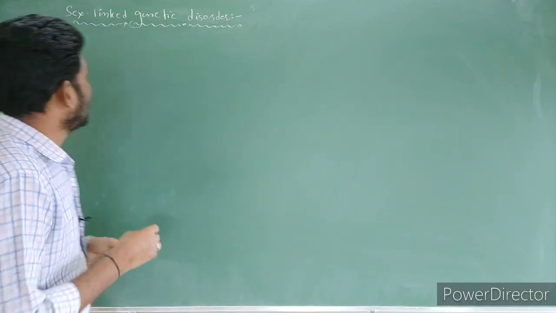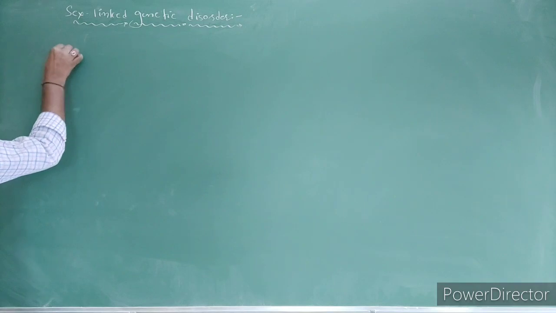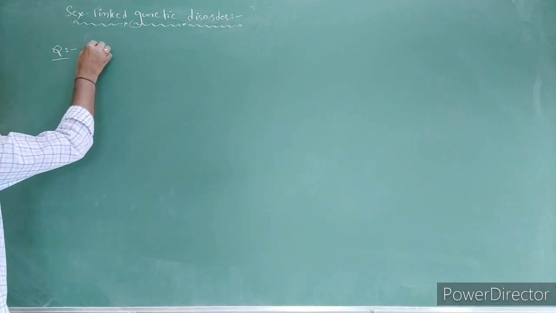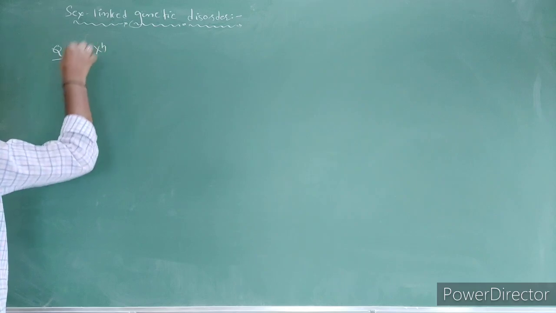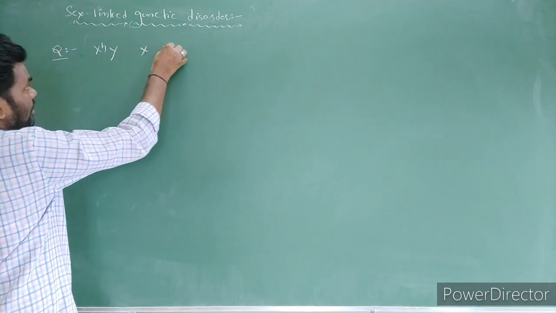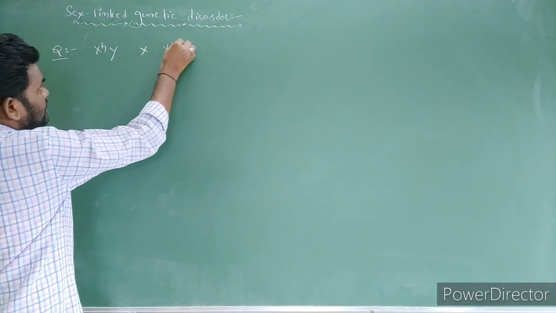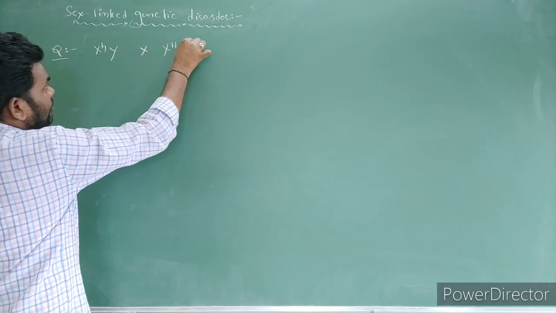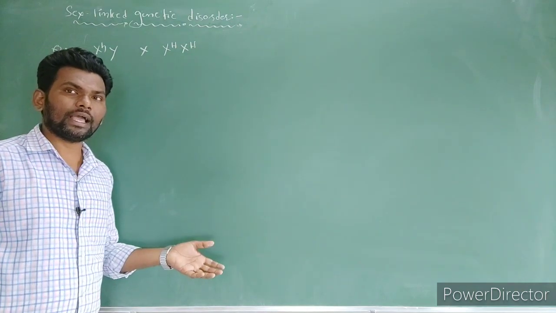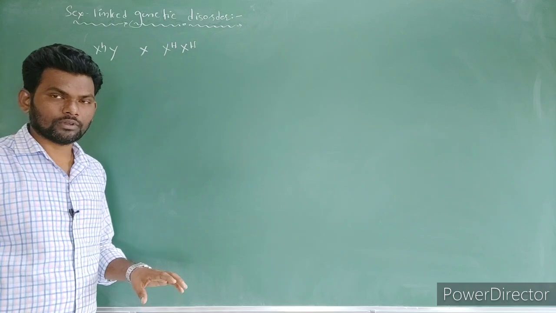Let's see. The male is hemophilic and the mother is normal. Female is what? Normal, capital H and capital H. Then what is the probability of hemophilic male and hemophilic female?